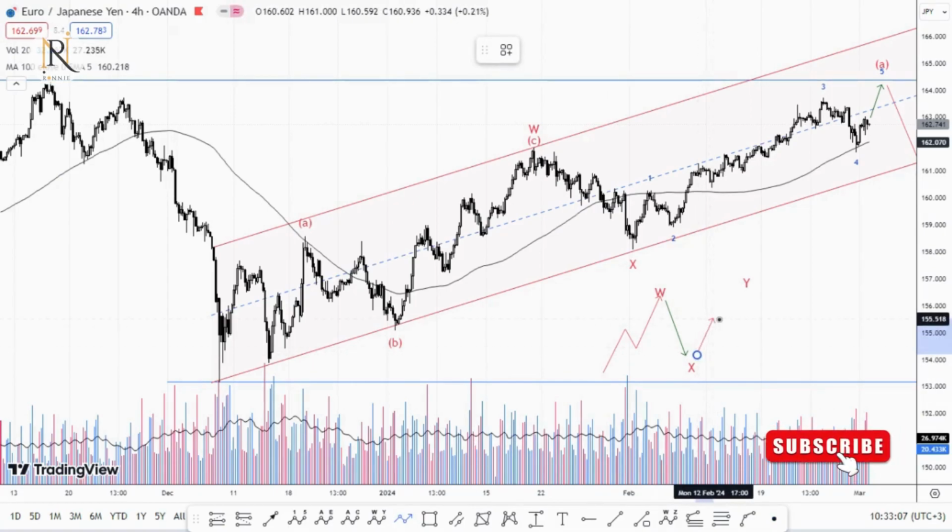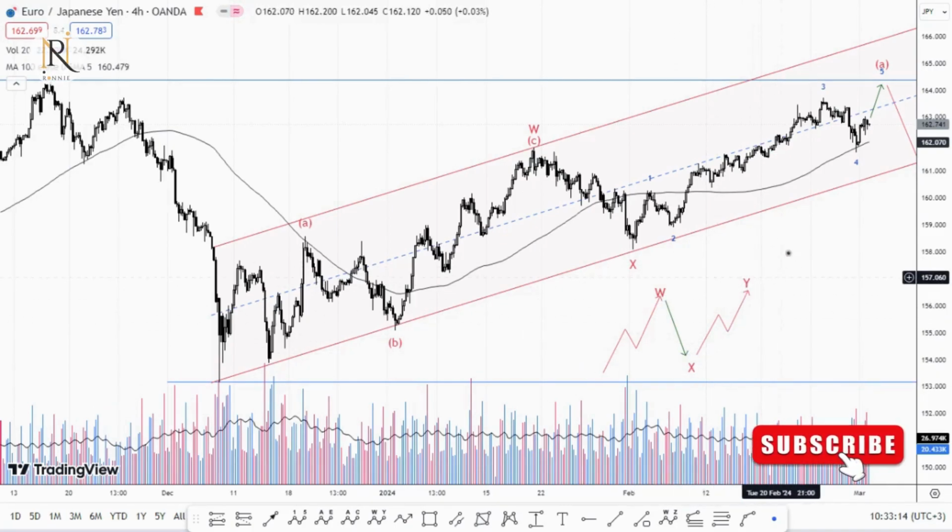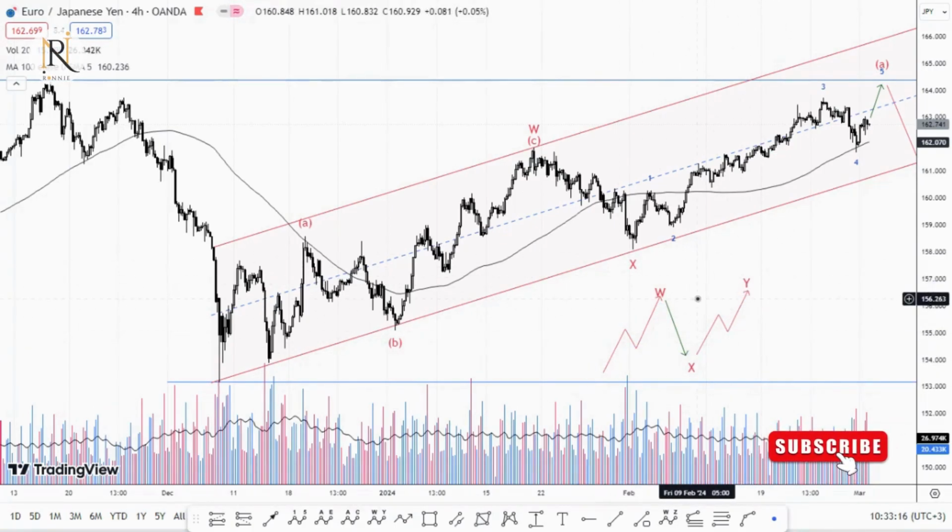Then we expect a good wave, that is wave ABC, in terms of wave Y. So this is what we are looking at in terms of complex correction.